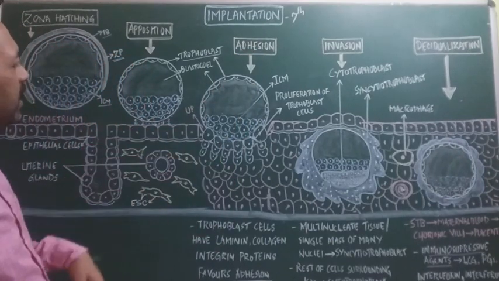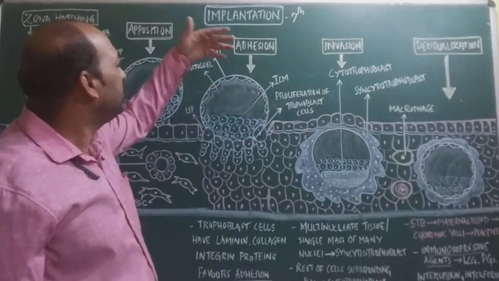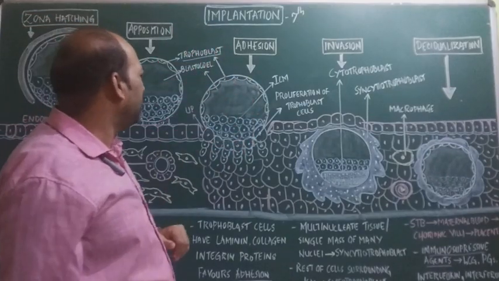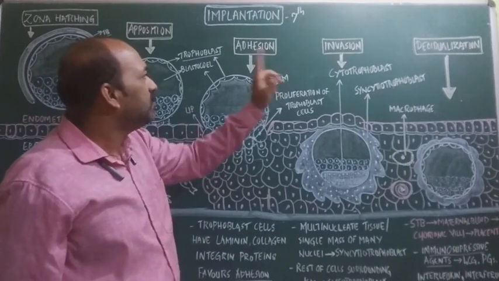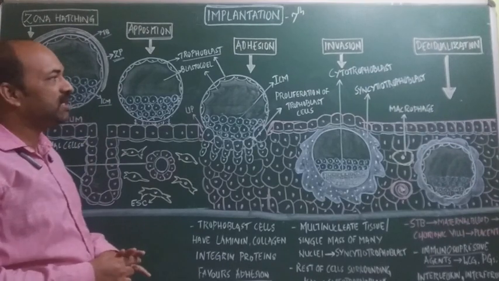So next step, what happens? Once the blastocyst is firmly attached to the endometrium, the next step is called invasion.